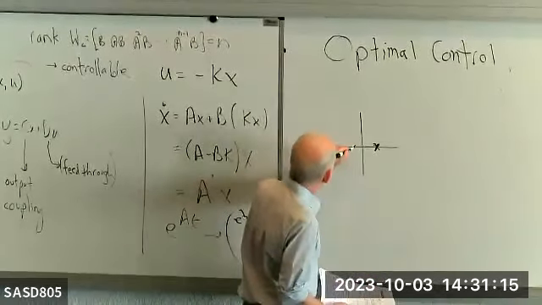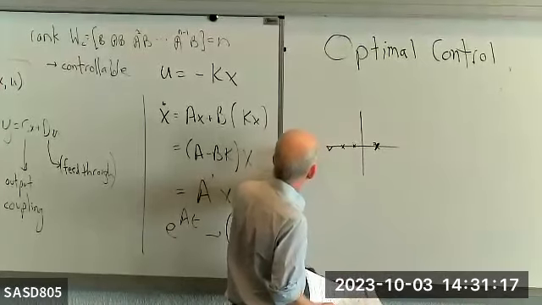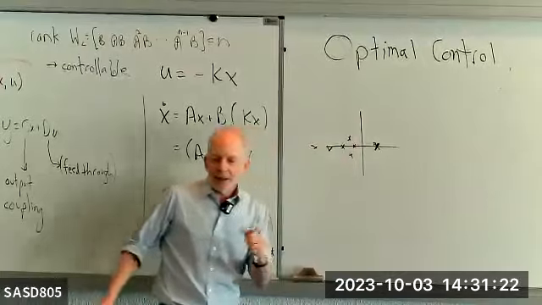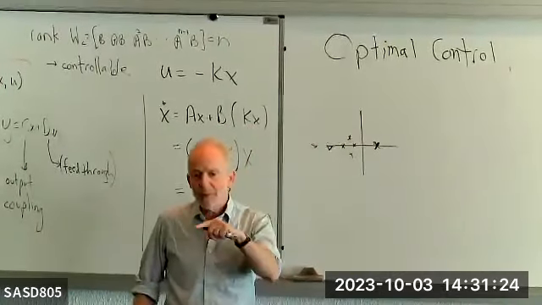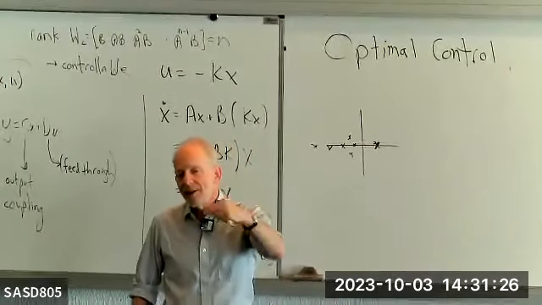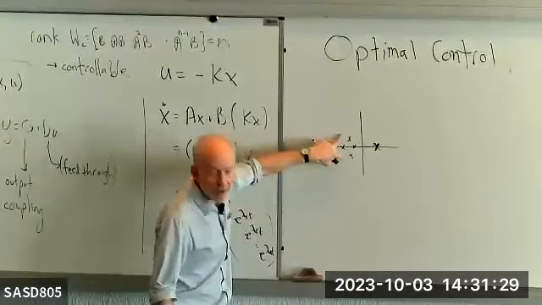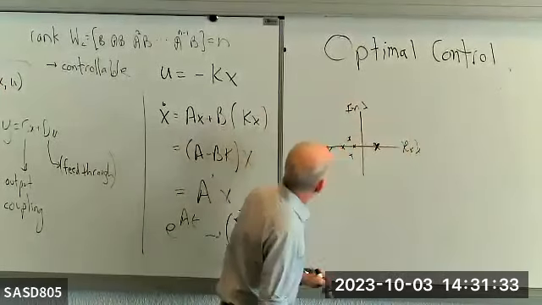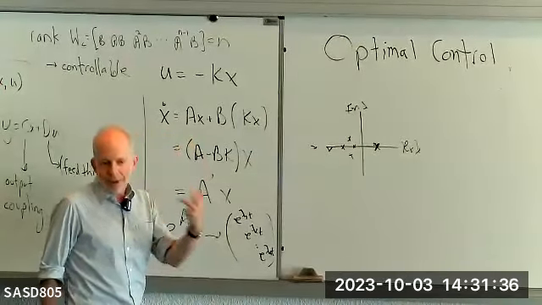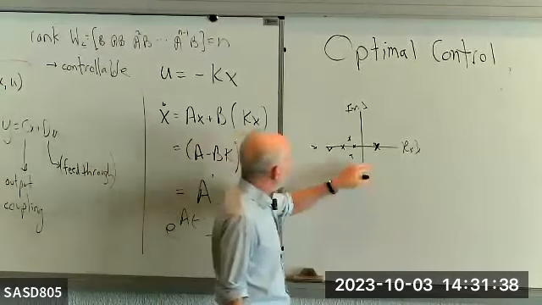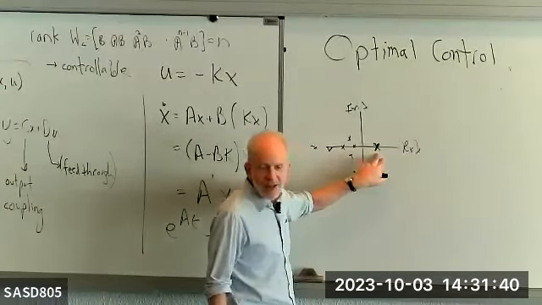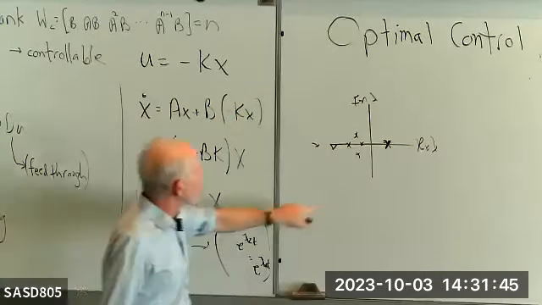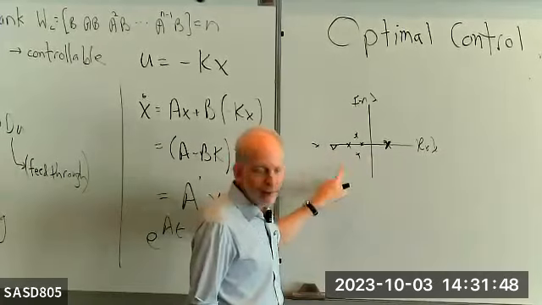You could also have a bunch of stable modes, some of which could be oscillating. Because we're dealing with real systems, any complex eigenvalue comes with its complex conjugate, so they come in pairs. This axis is Im lambda, this is Re lambda. A rule of thumb would be to take any unstable eigenvalues and use your power to somehow put them over here.